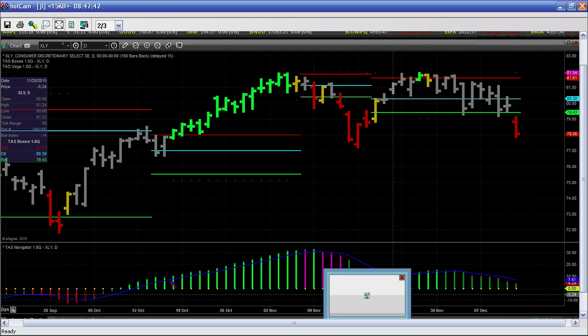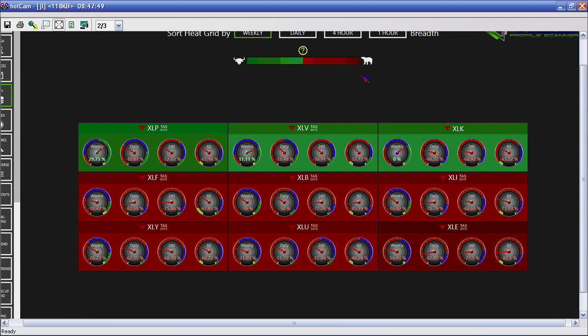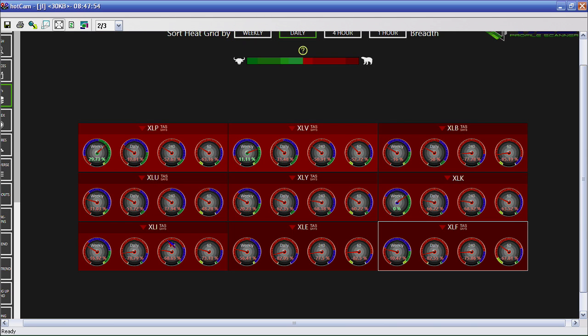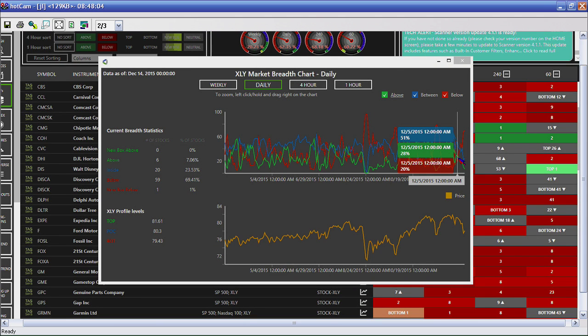I'm going to go into the scanner and into my ETFs here, and I'm going to look at my daily grid. Obviously, every major ETF is getting hammered. But I'm going to go into my XLY. My breadths have been relatively negative on this thing, and that was a really decent trade.